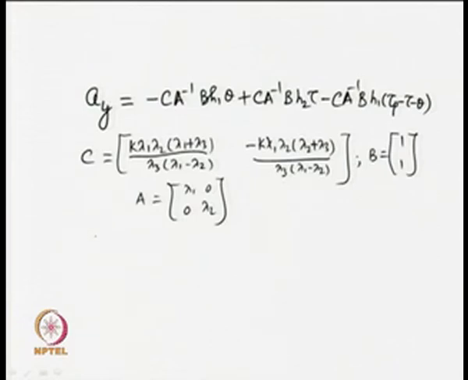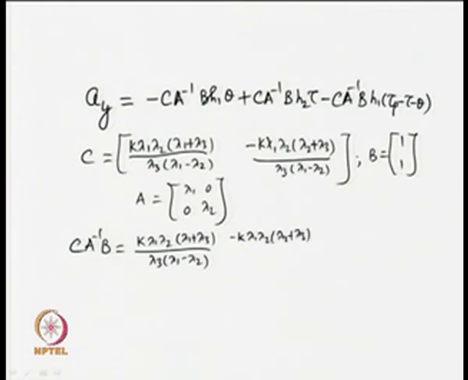Now, C A inverse B becomes k lambda 1 lambda 2 lambda 1 plus lambda 3 upon lambda 3 times lambda 1 minus lambda 2, minus k lambda 1 lambda 2 lambda 2 plus lambda 3 upon lambda 3 times lambda 1 minus lambda 2, multiplied by A inverse B. So, A inverse B will be 1 upon lambda 1 and 1 upon lambda 2.